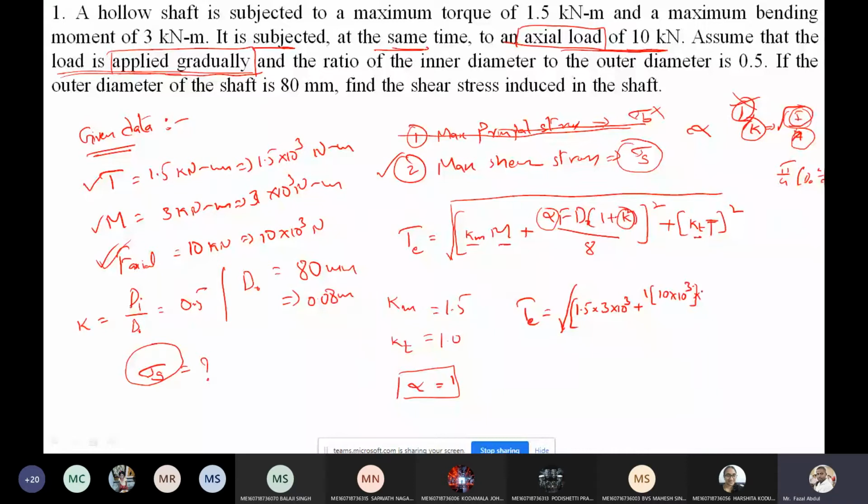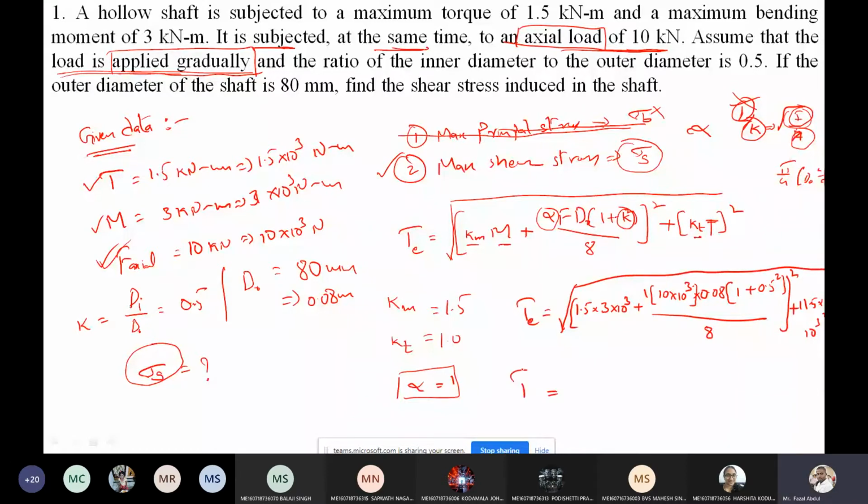So here write 0.08 meters, and (1 plus ratio given in the question, 0.5 square) by 8, whole square, plus Kt is 1 and T is 1.5 into 10 to the power of 3, whole square, under root.